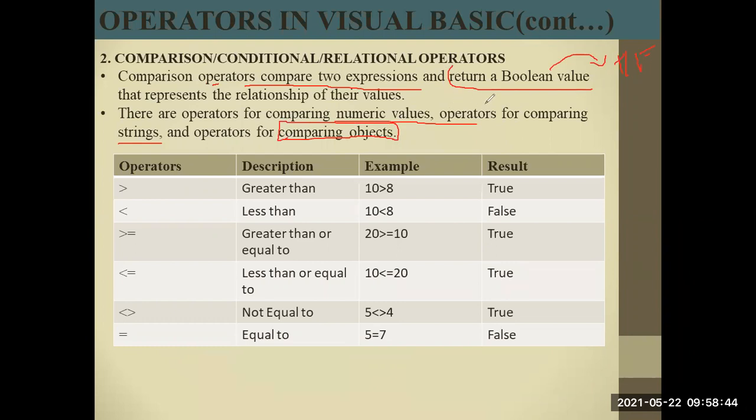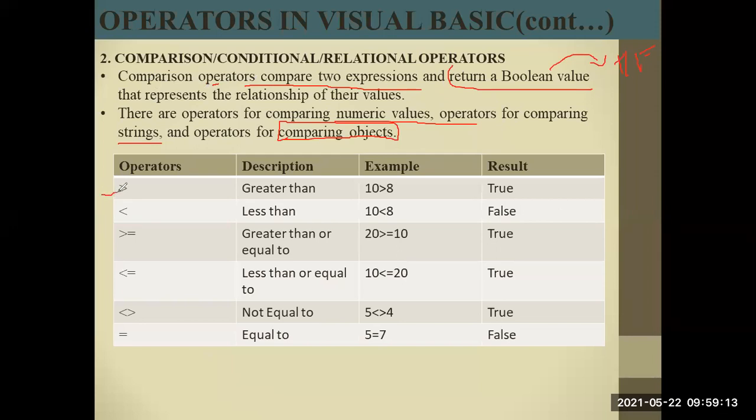I can use them for comparing numerical values like variables, and also for comparing strings. They can even be used for comparing two different objects and the relationship between them. What are the different operators that can be supported in visual programming?